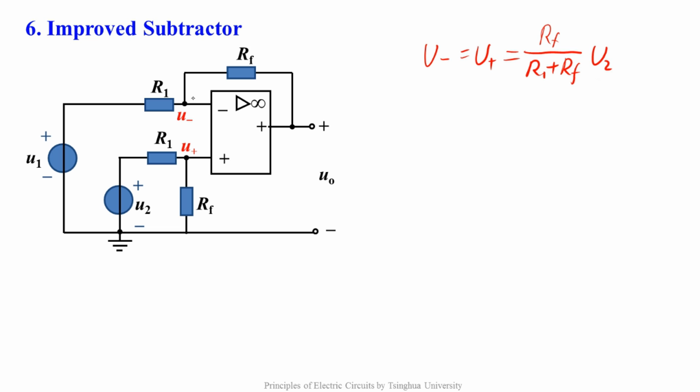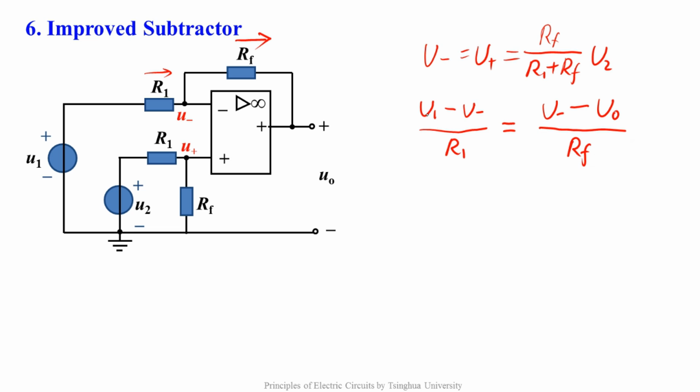Furthermore, according to the virtual open property, the current flowing through R1 equals that through RF. The current flowing through R1, which is U1 minus U minus over R1, equals that through RF, which is U minus minus UO over RF.